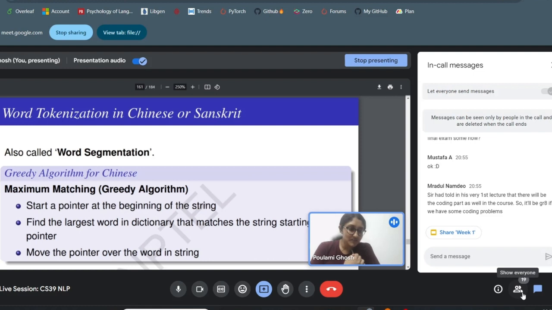Sir had told in his very first lecture that there will be something. Mridul is saying that. If there is, then at the right time we would be discussing those as well. I'm also going along with you all with respect to the course content.